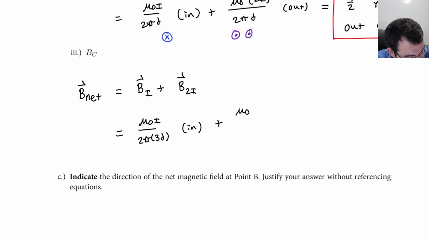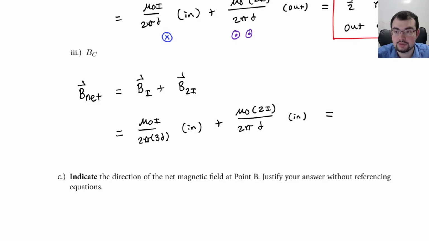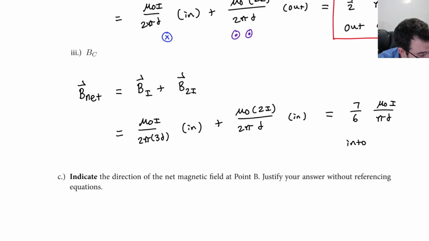And then we get mu naught times 2I over 2 pi times 1D, and that's also in. So we get 1/6 plus 1, which is 6/6. So 6/6 and 1/6 makes 7/6 mu naught I over pi D. And this is into the page.